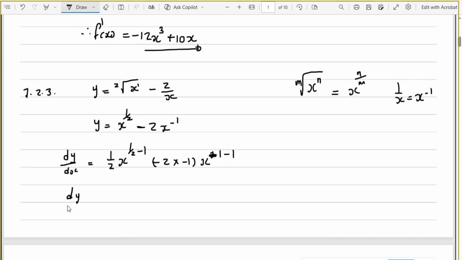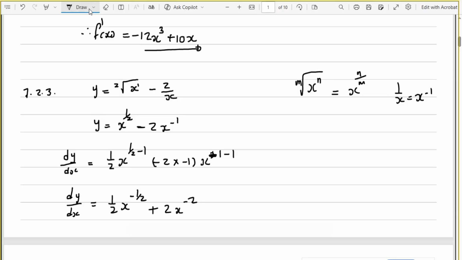Therefore, when we work this out, what is dy over dx? This is just 1 over 2 x to the power 1 over 2 minus 1, which is minus 1 over 2, right? Then we're going to add 2 x to the power negative 2.